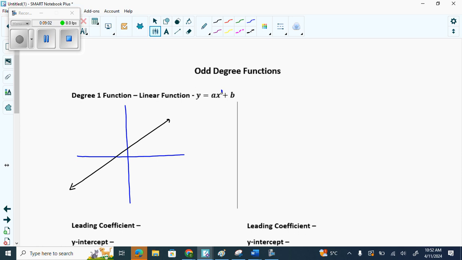The leading coefficient of linear, quadratic, cubic, any of the 3 polynomials we're dealing with this unit, tells you how the graph ends on the right.